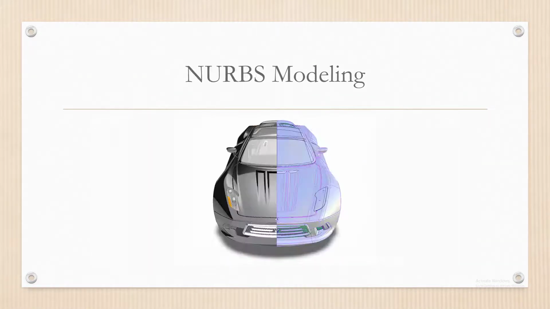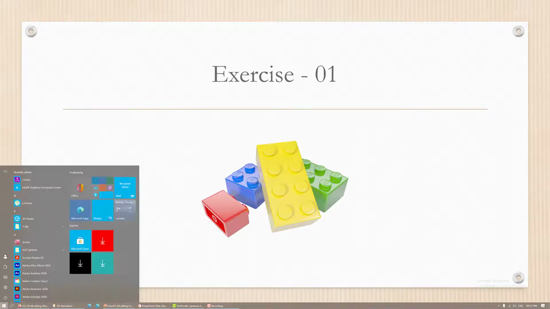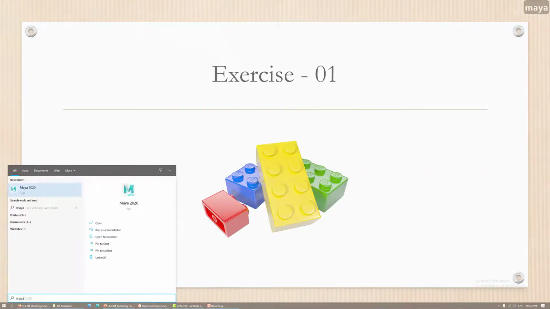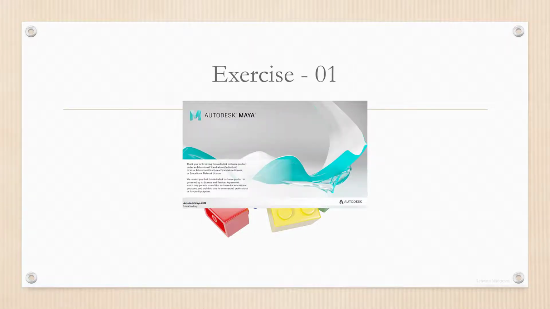modeling. So today's exercise, we are going to create the basic Lego brick. So we'll need to jump to Maya. I have Maya 2020. If you have an older version, that's fine, but see to it you always save your files in Maya ASCII.